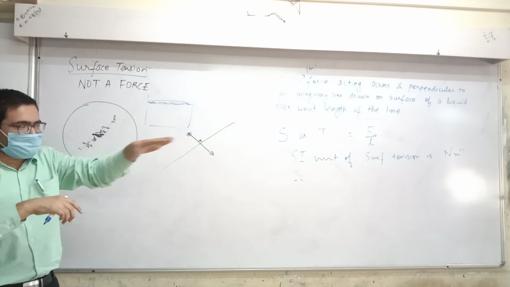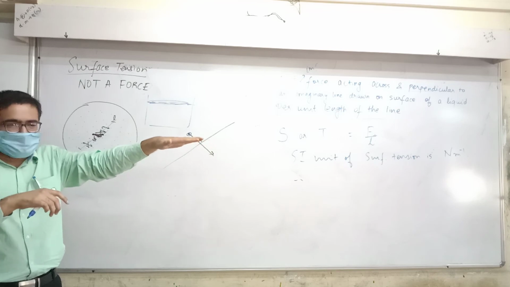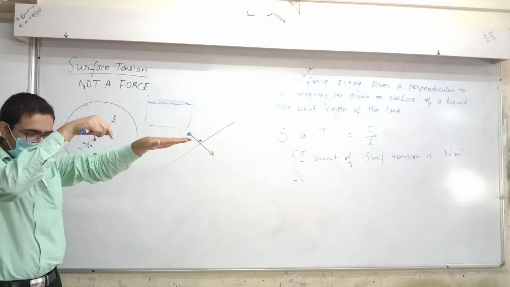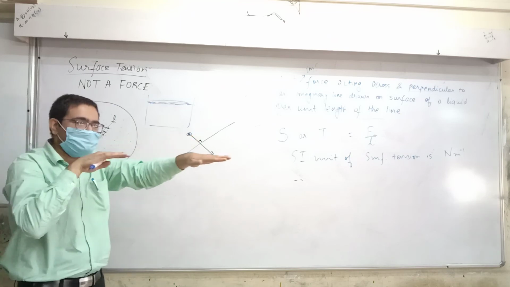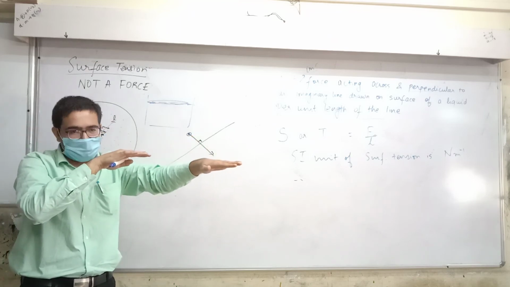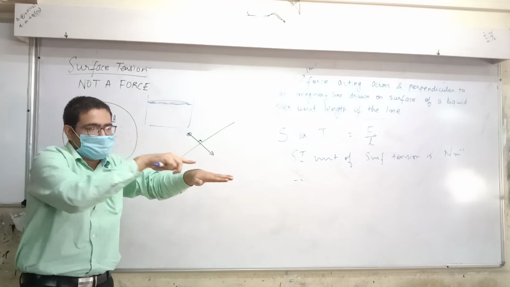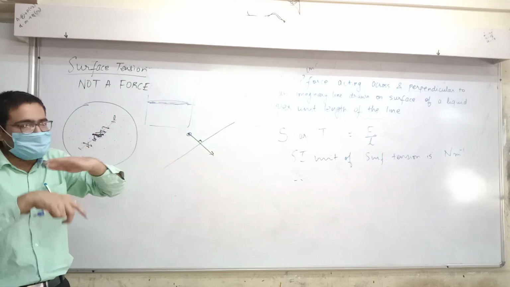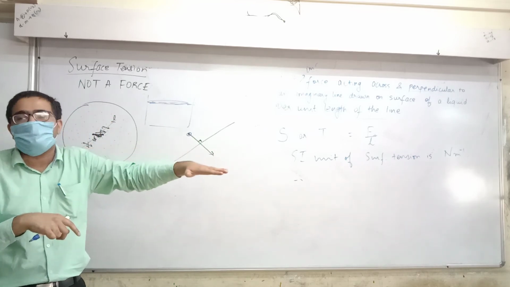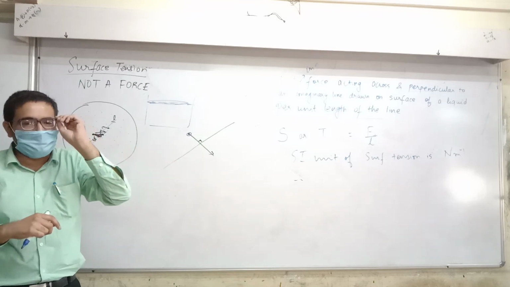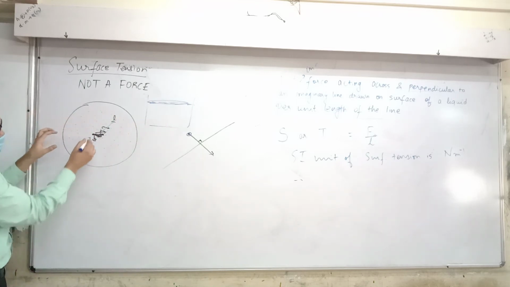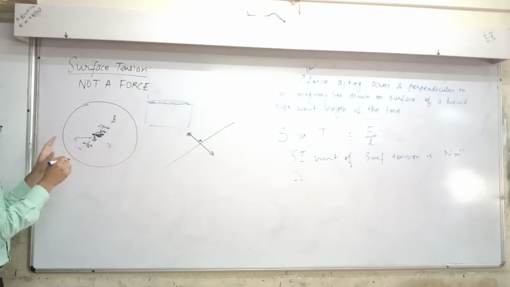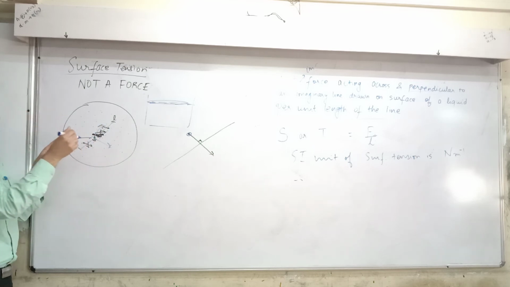Suppose the upper surface is here, then the force is not towards the inside. It is like this, or maybe like this, depending on how you draw the line. But it will be in the plane of the surface. You understand what I mean by plane of the surface? It is not going inside.